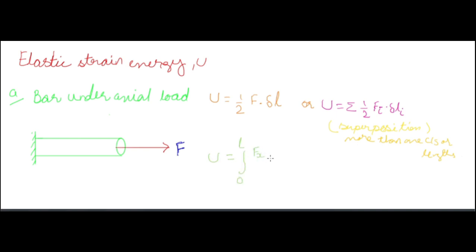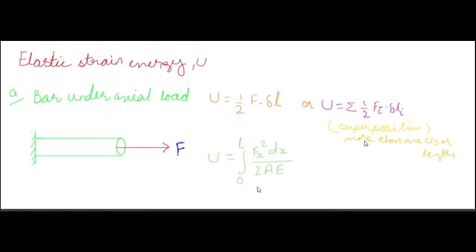Delta is the extension happening due to that load F. If you have more than one cross section or more than one joint, that is a series connection of bars with various cross sections, you can find the total strain energy from the superposition principle: the summation of 1 by 2 into Fi into delta Li, where Fi is the load on the ith length and delta Li is the elongation of that length. So you can use the superposition principle if you have more than one cross section or length.